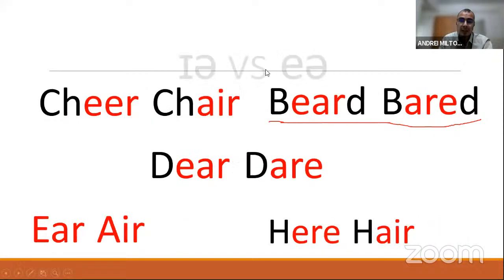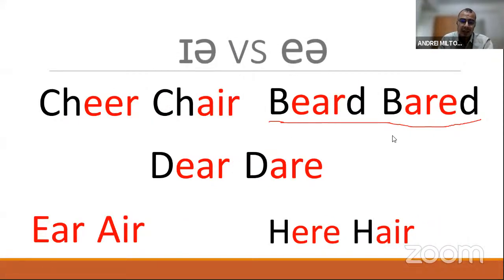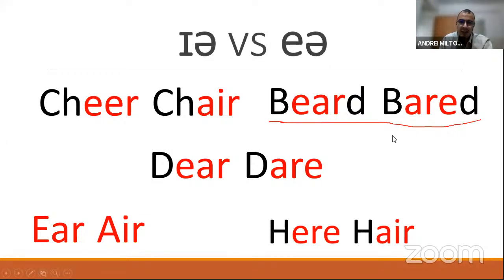Okay, next one is ear and air. I don't know, many of you also are confusing between ear and air. You say cheer and cheer, same like, can you move the chair like that? So it's cheer and chair, okay, cheer and chair, cheer, chair, beard and bird, dear and there, right?